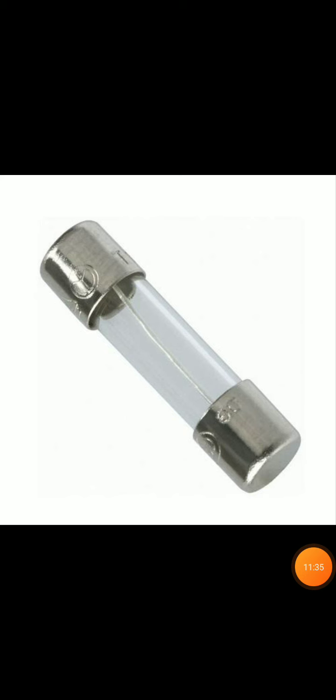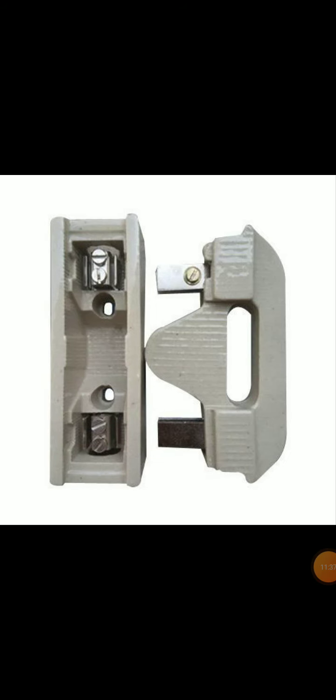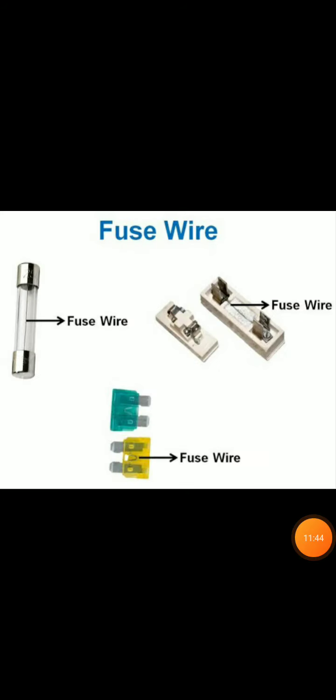So this is the fuse and this is the fuse holder. Inside this holder, the fuse is kept. Here also we can see the fuse wire clearly. As I have shown you, the fuse wire is to be kept in the fuse holder. Now see the fuse holder there, how the fuse wire is kept, that also is shown.